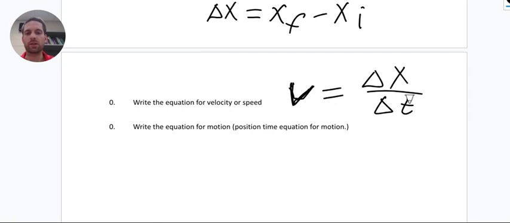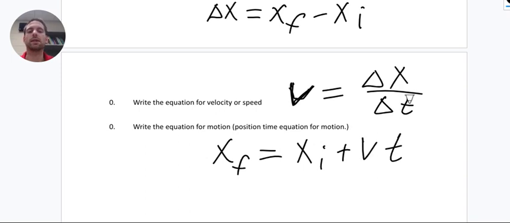Equation for motion. This is where you have an x final, then an x initial, and if you set this up, you'll get a velocity and a time.